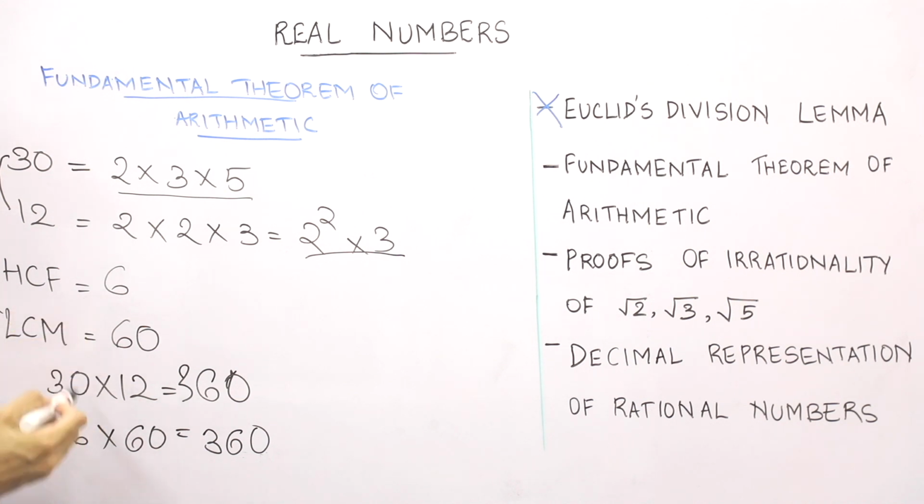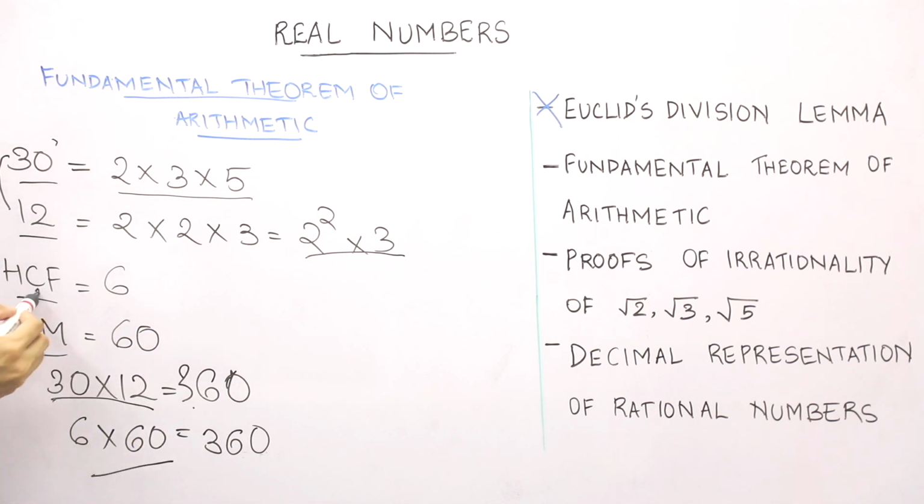So now we see that the product of the two numbers is same as the product of the HCF and LCM. This is true for all positive integers. So for any two positive integers, their product is equal to product of their HCF and LCM.